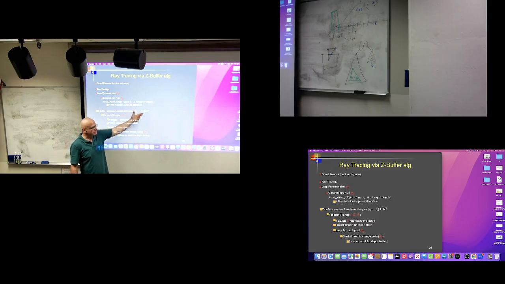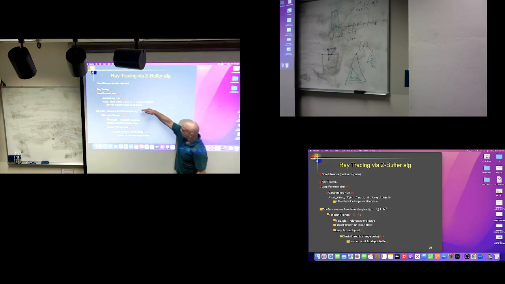It will be presented when these objects are triangles. It used to be popular to work with quads as well, but quads went out of fashion. Today it will be triangles only. And for each such triangle T, we first check whether it is relevant to the image at all. We already saw some tricks, for example backface culling: look at whether the normal points toward me or not.